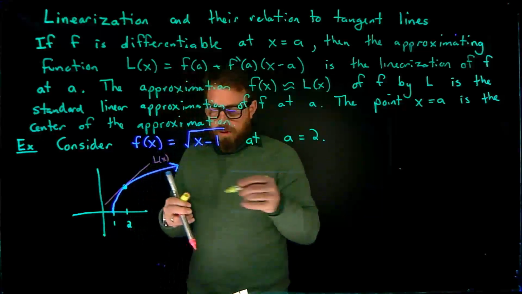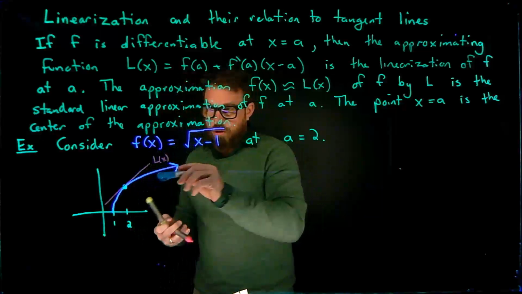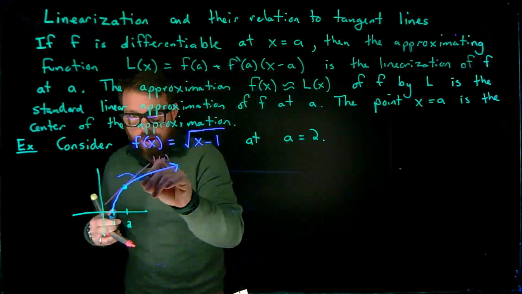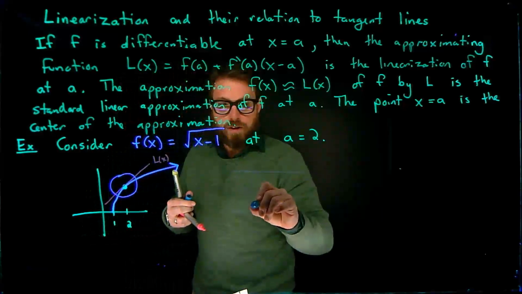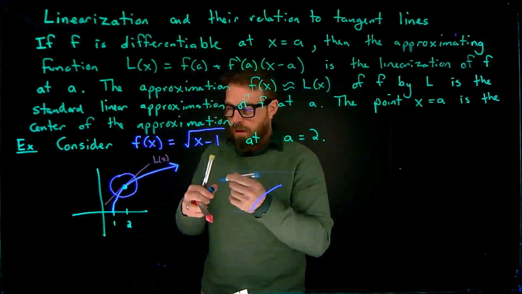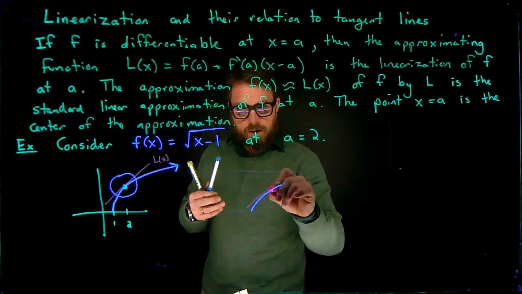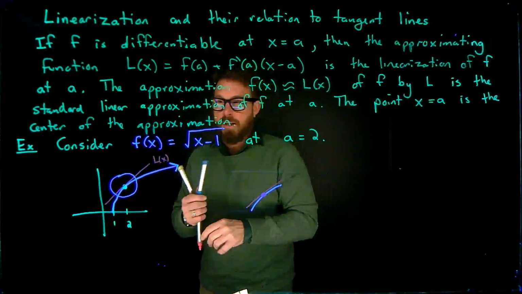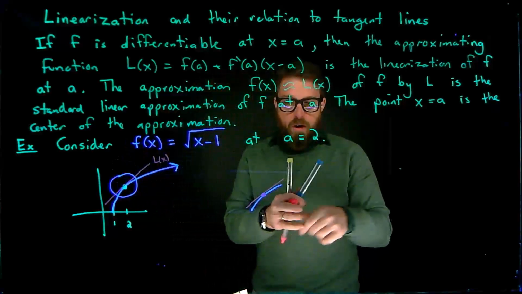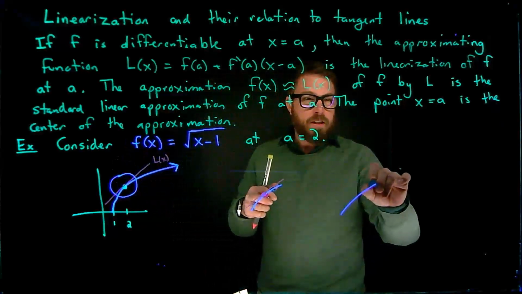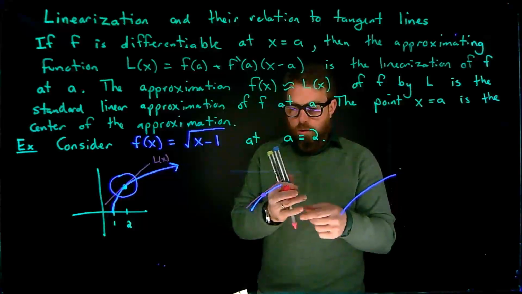Now, if I zoom into this function, the closer and closer we get, I'm going to zoom way into this piece right here. If I zoom in, we can see that it's still a curve with a particular tangent line. And if I zoom in even more, it's going to look less curvy the closer and closer we get.